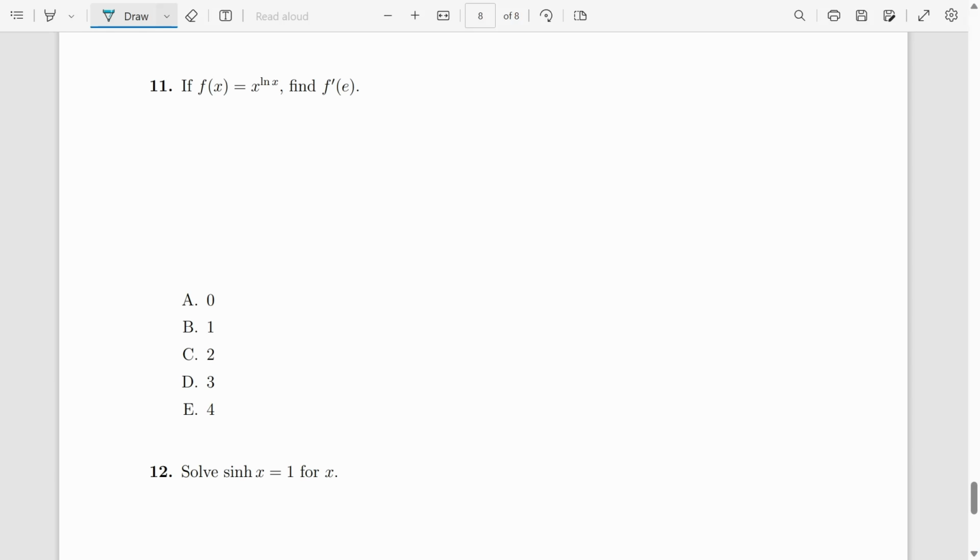So first thing I do is something I don't really use often. It's a different kind of exponent rule, a different kind of power rule. Usually you're asked to do the power rule of something like x to the 2 or x to the 20, but sometimes you have x to the power of something else that has an x in it, like ln x, and you do something a little different.